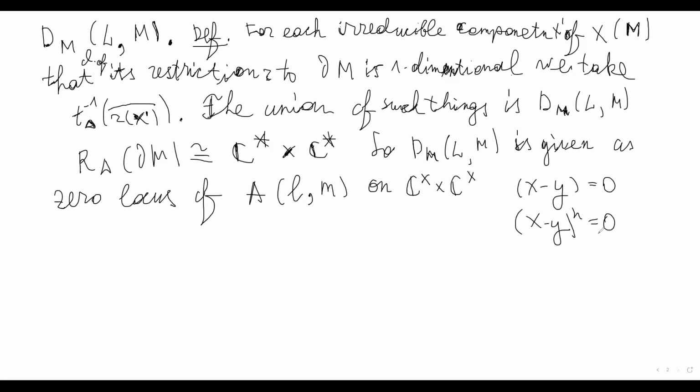The locus of zeros will be the same, x equals y, because here we have complex numbers, no zero divisors. Of course, if some power of something equals 0, then this thing equals 0.